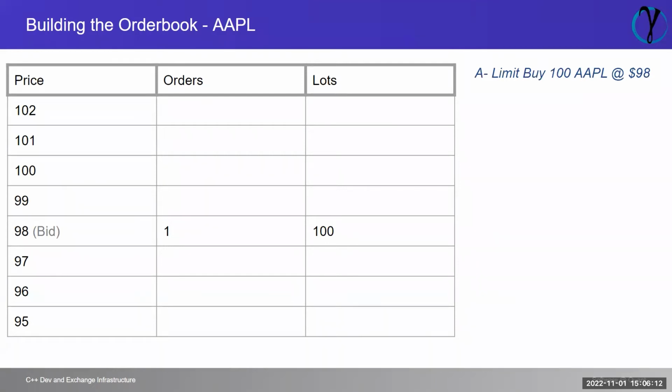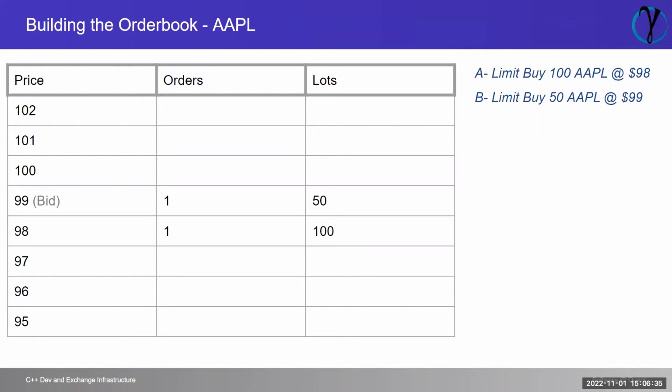Okay, this is for market participant A. We actually saved this, but you don't see it because I didn't want to draw it out. I put it up there so you guys can sort of remember, and we'll do it in order, so you'll see. And then now we have a second limit buy here for B, 50 shares, 1 order, at 99. So we have a new best bid.